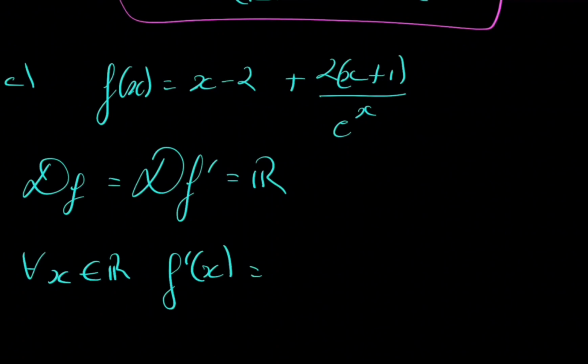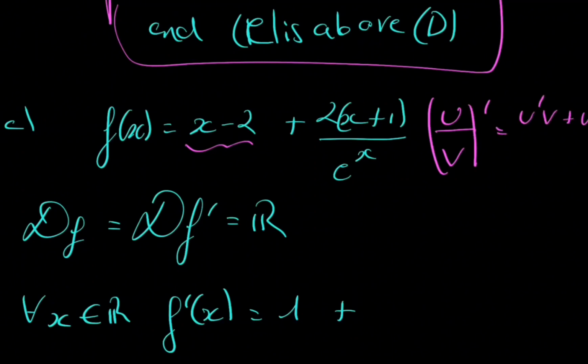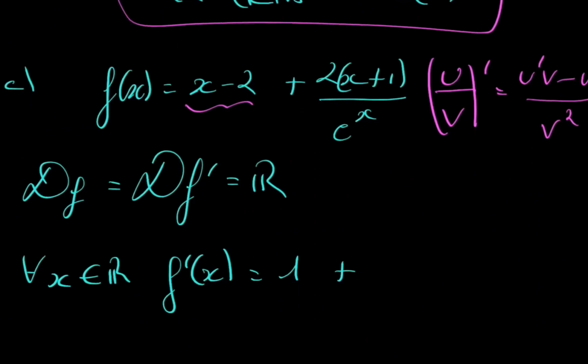exists and is equal to, so for this part, easy, we've got 1 plus something like u over v, and when we differentiate that, we've got (u prime v minus u v prime) over v squared, and that's a minus here.